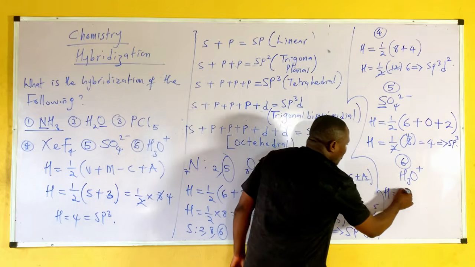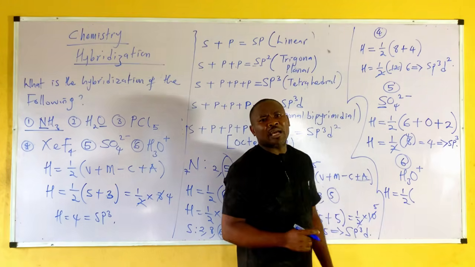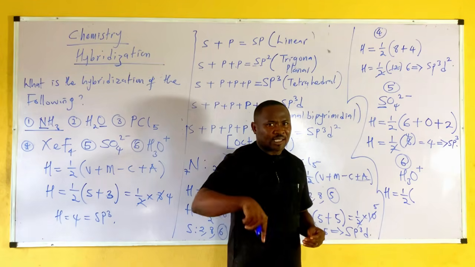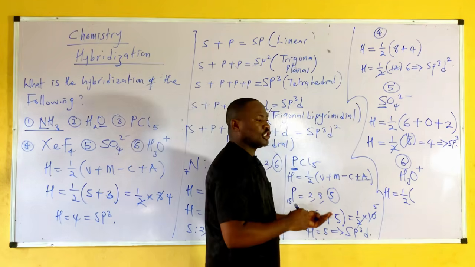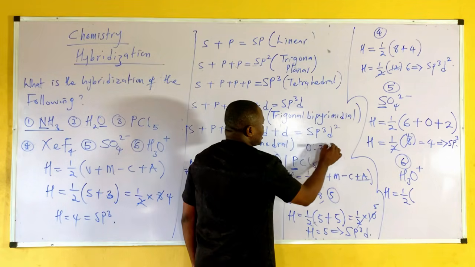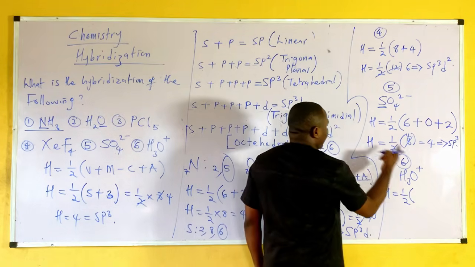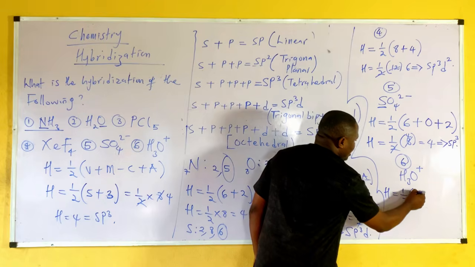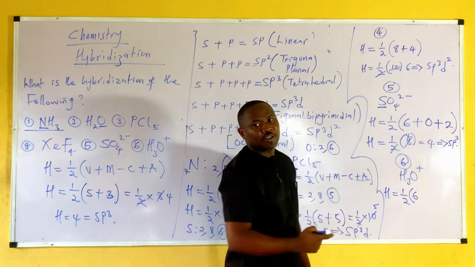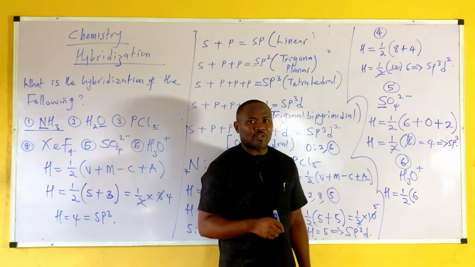So now it becomes 1 over 2, open bracket, oxygen has 6 electrons in the outer shell. So my V here will be 6 for oxygen because V stands for the number of valence electron in the centralized atom.